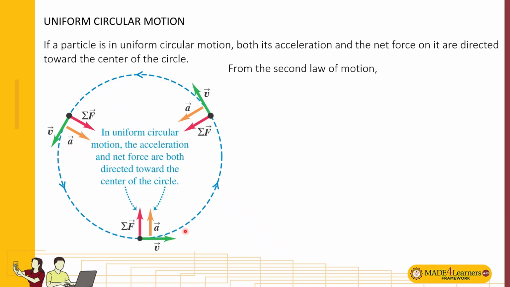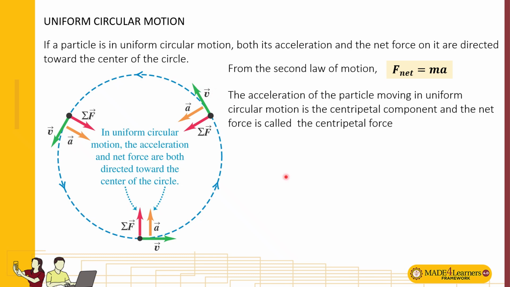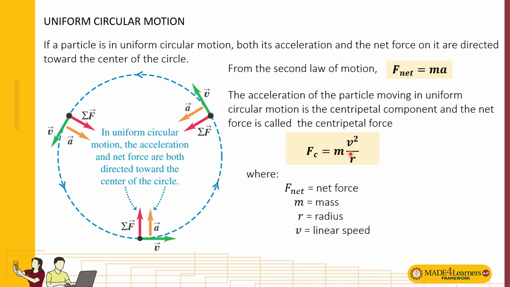From the second law of motion, the net force, meaning the centripetal force specifically, is equal to mass times the centripetal acceleration. So we have mv squared over r, where the centripetal acceleration is the ratio of the square of the tangential velocity to the radius of the circle.